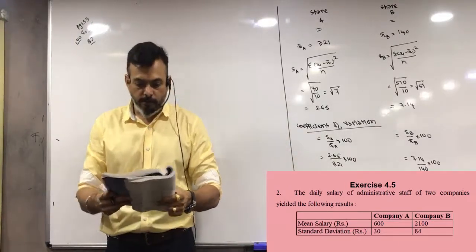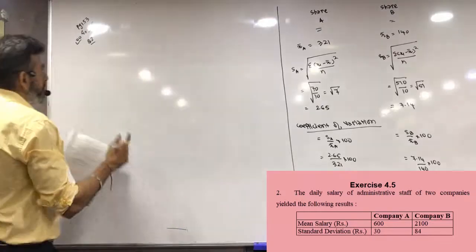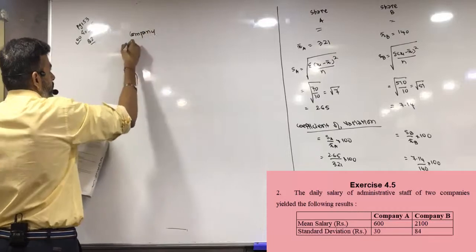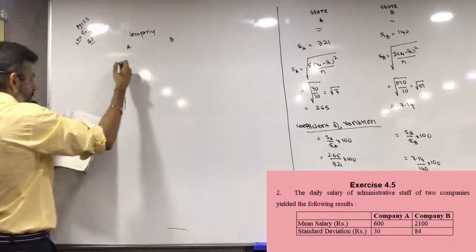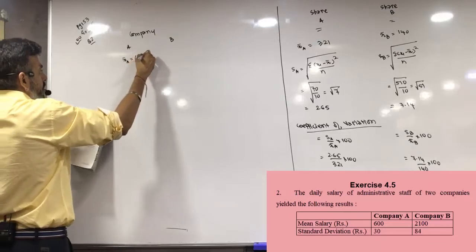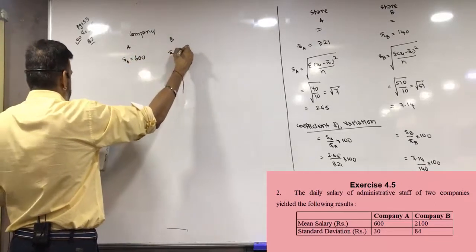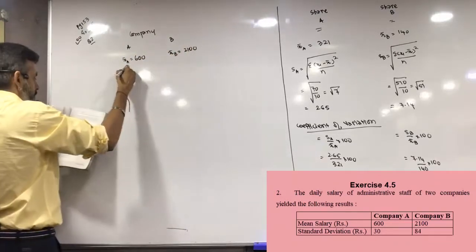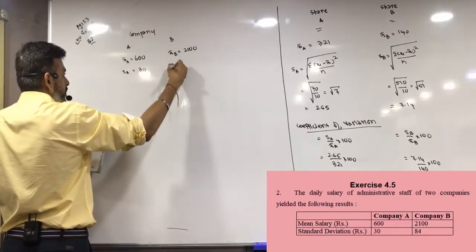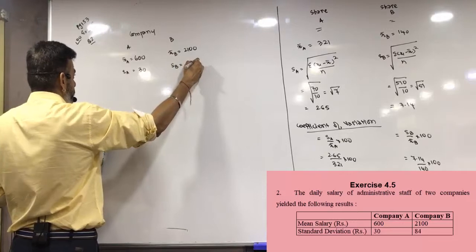Understood this? So let's write the information. We have company A and B. Mean is given: x bar of A 600, x bar of B 2100. Standard deviation of A is 30 and standard deviation of B is 84.